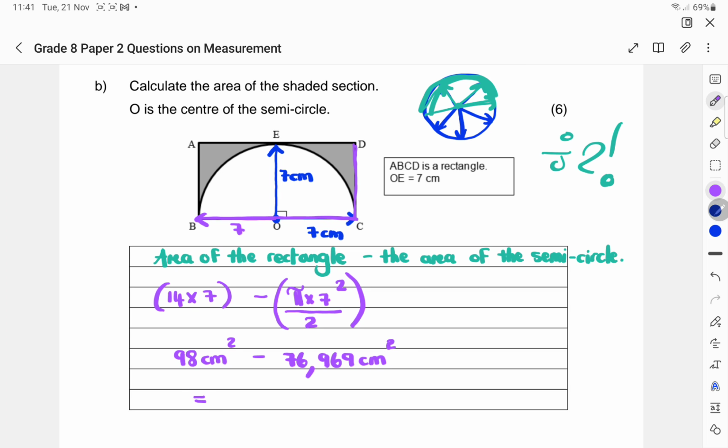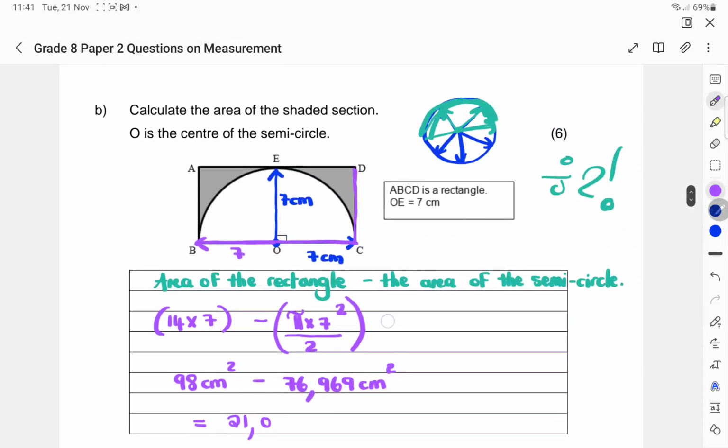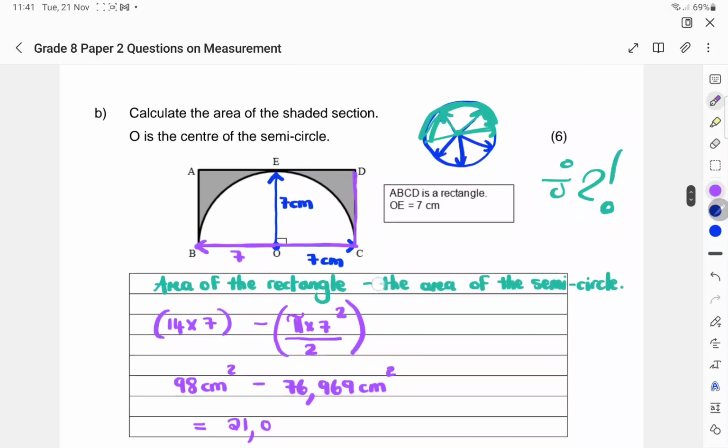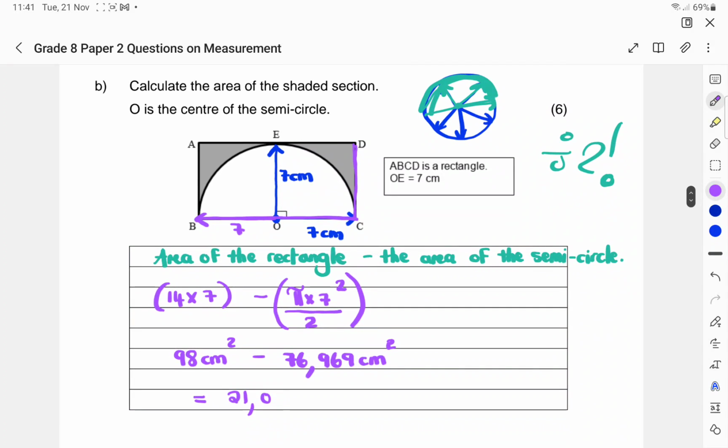So the total area of that shaded area will be 21,03. They didn't say round off to the nearest 2 decimals, so I'm just going to keep it as 21 because it's 21,03, and then round it off to the nearest 1 decimal, just be 21 actually. 21 centimeters squared.